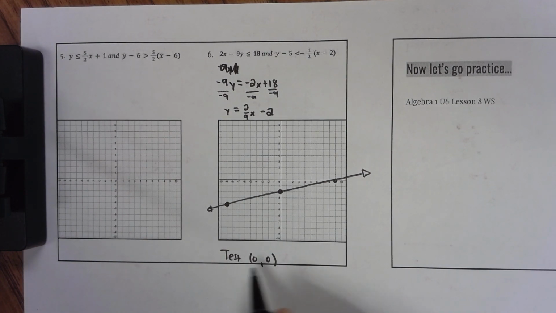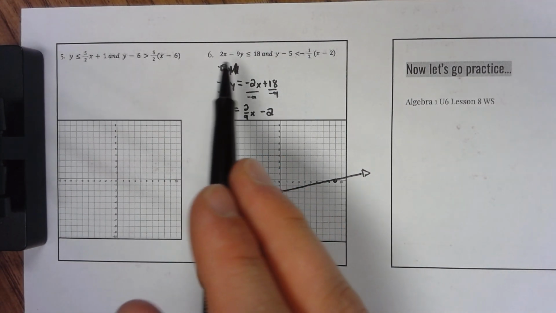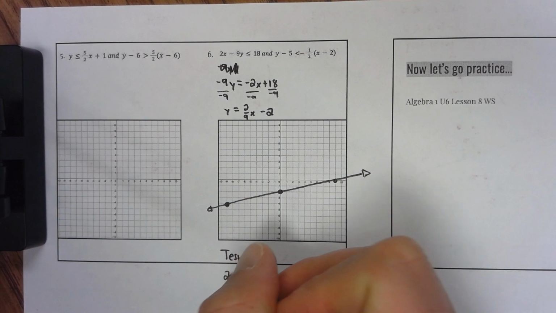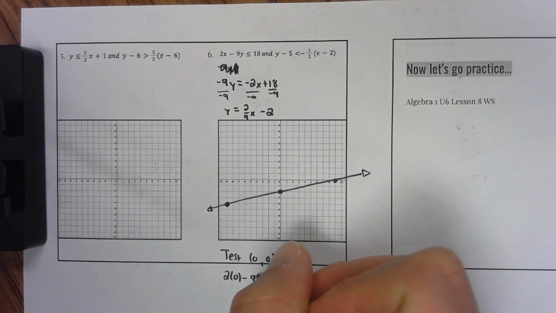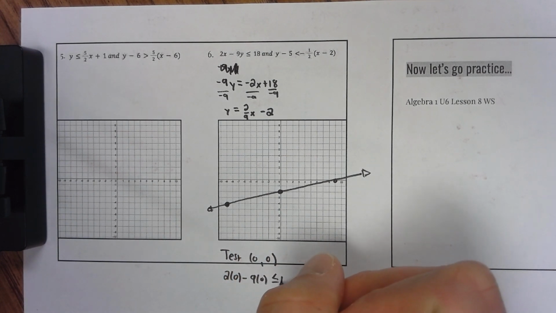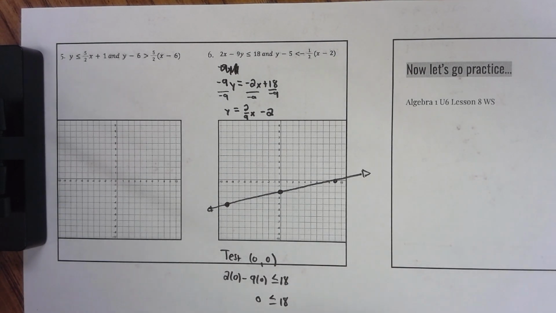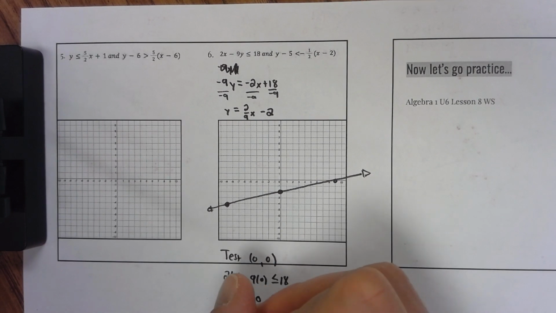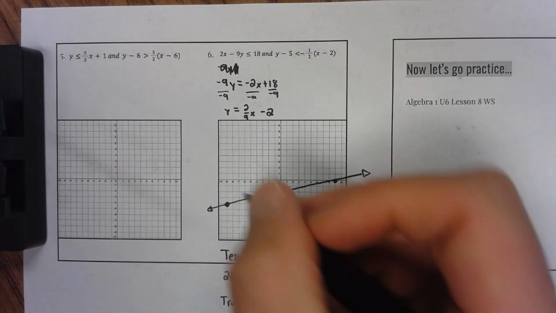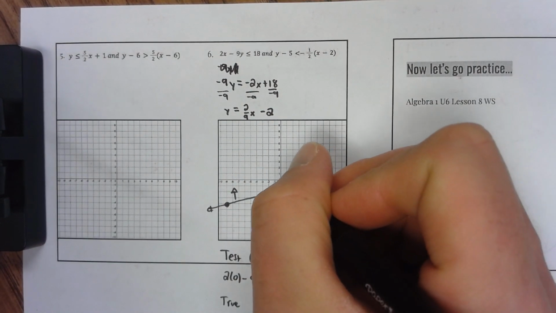So when I test 0, 0 here, again, I'm going to plug that into the original. So 2 times 0 minus 9 times 0 is less than or equal to 18. So that's 0 is less than or equal to 18, which is true. So that means we want to shade the side that includes 0, 0.